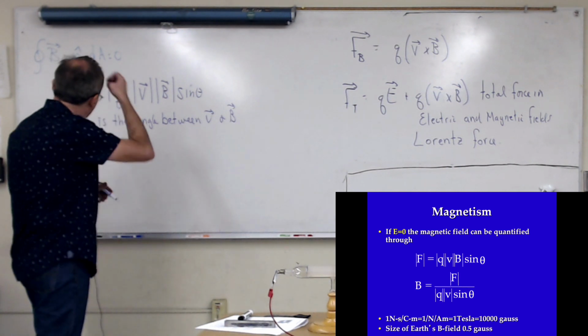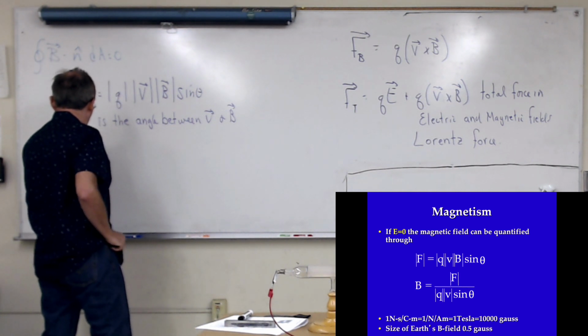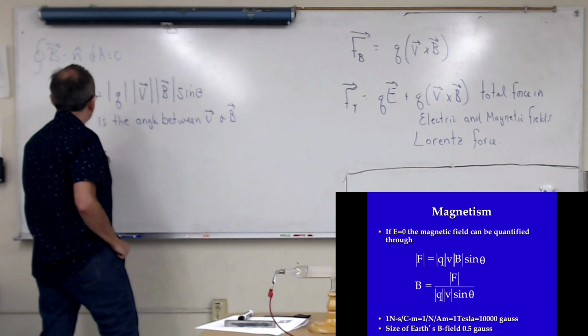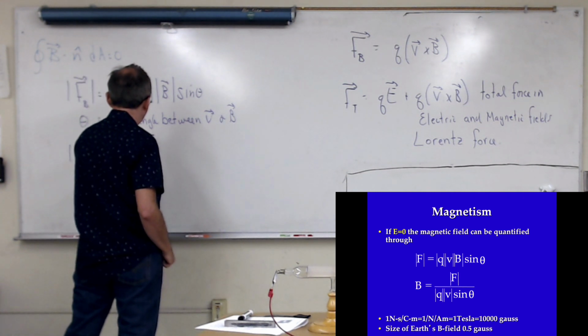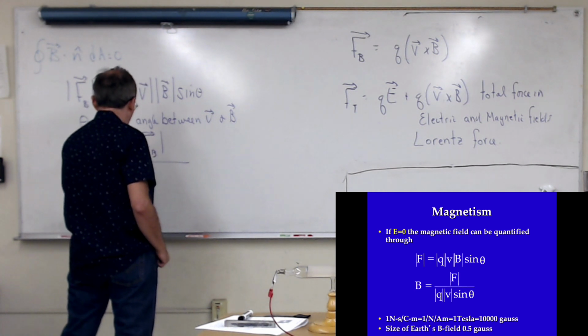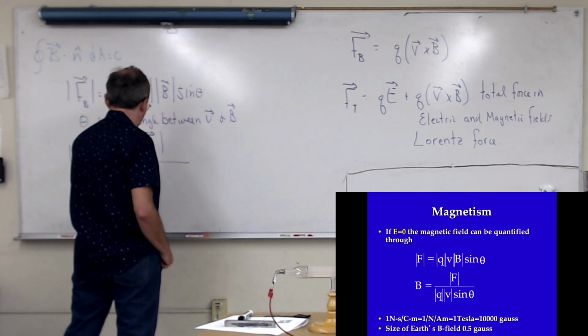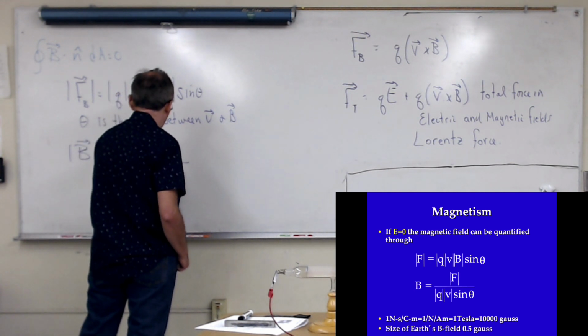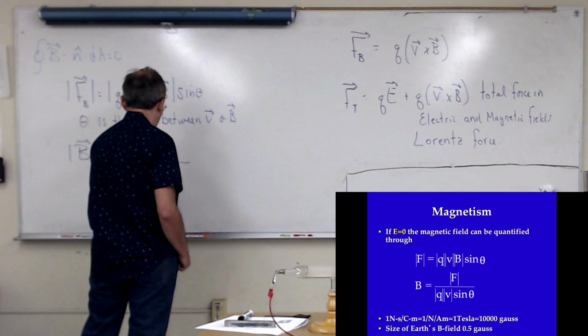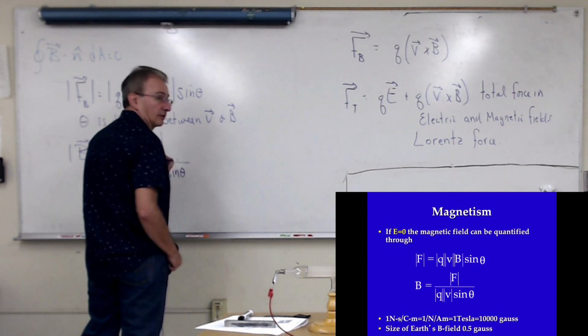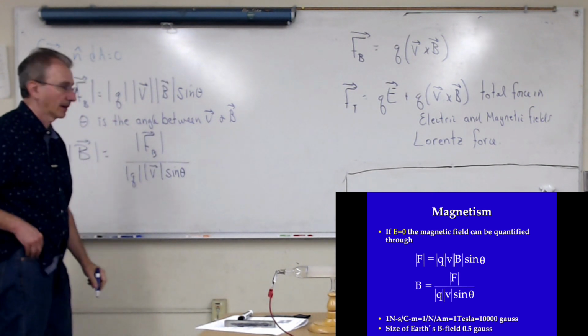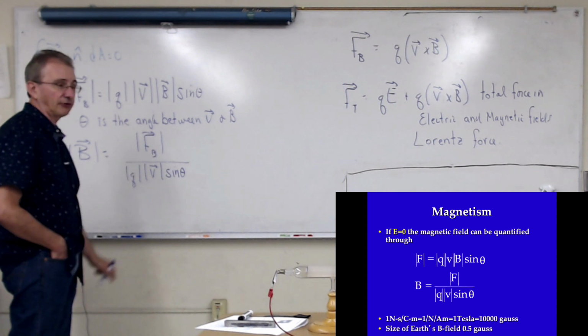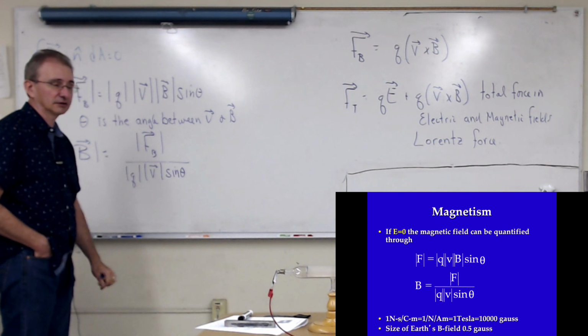If we solve this for B, then B is the force, which we can measure, over Q V sine of theta. So this is how we can define the unit for the magnetic field.